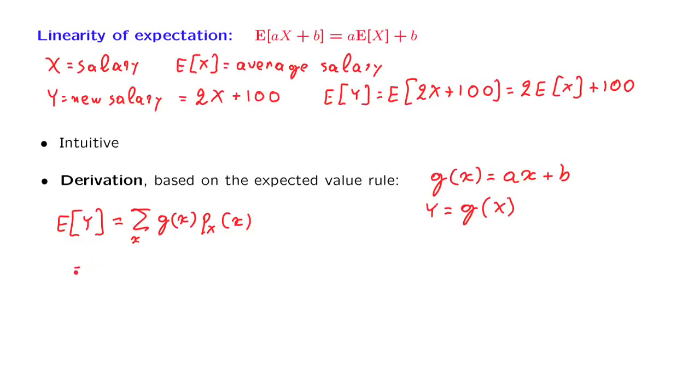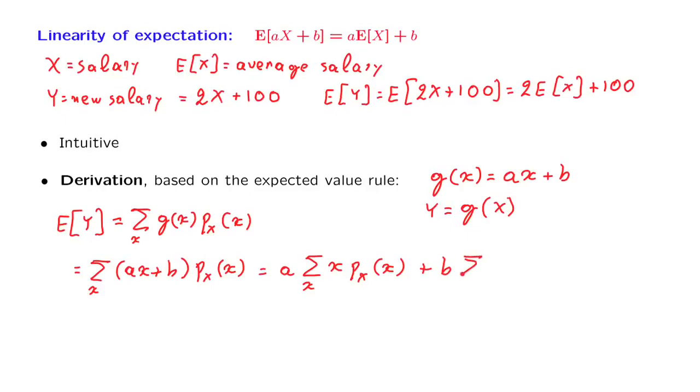And we plug in the specific form of the function g, which is ax plus b. And then we separate the sum into two sums. The first sum, after pulling out a constant a, takes this form. And the second sum, after pulling out the constant b, takes this form.